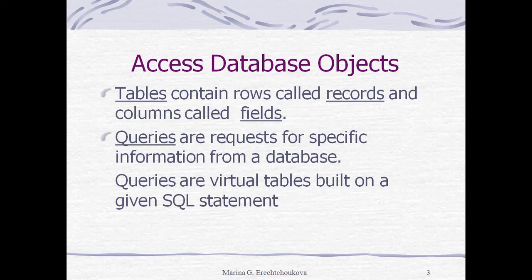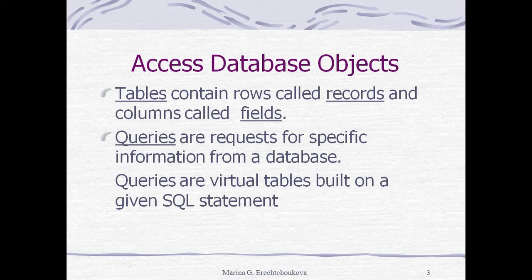Apart from tables, there are some more options available. All these options are used for different activities and have different functionalities. Technically, all these options are called MS Access objects.